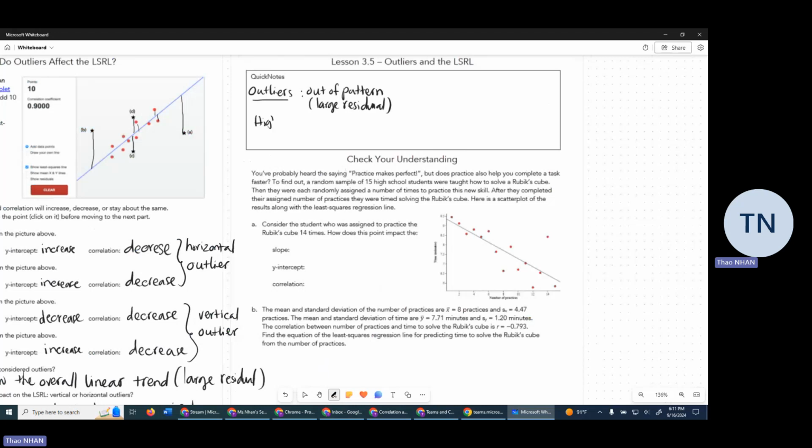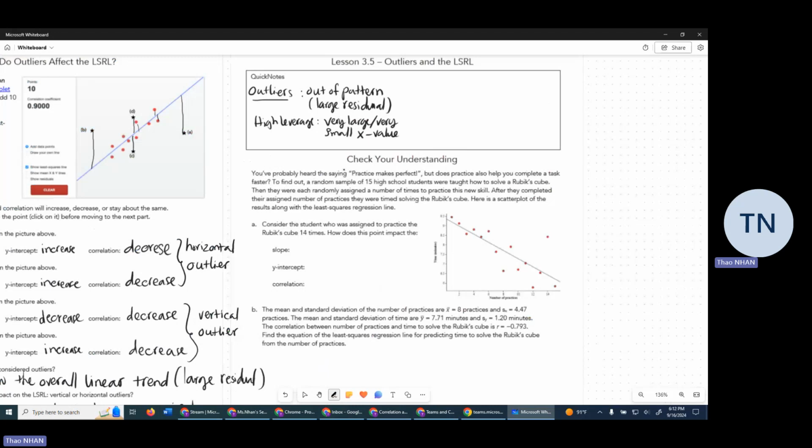Your high leverage point is going to have a very large or very small x value.